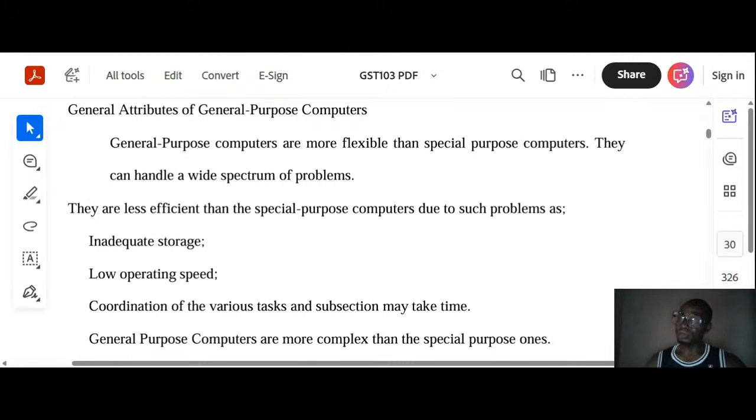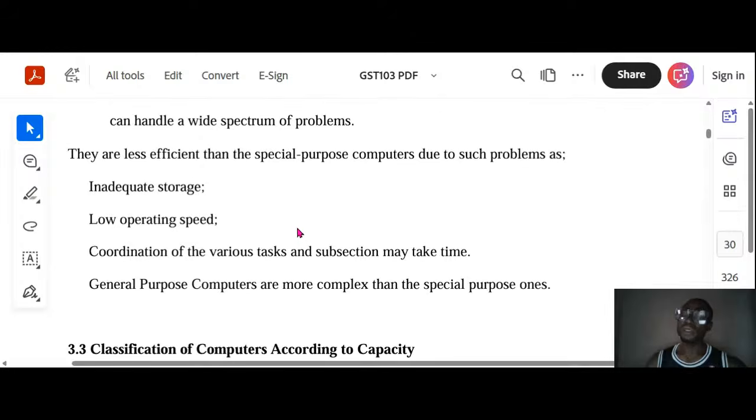They are flexible and they are less efficient. Those are the two main attributes. But the reasons why they are less efficient are inadequate storage, low operating speed, and the coordination of the various tasks being time consuming. So for that point three, we can just say it is time consuming, and then they are more complex than the special purpose computer.